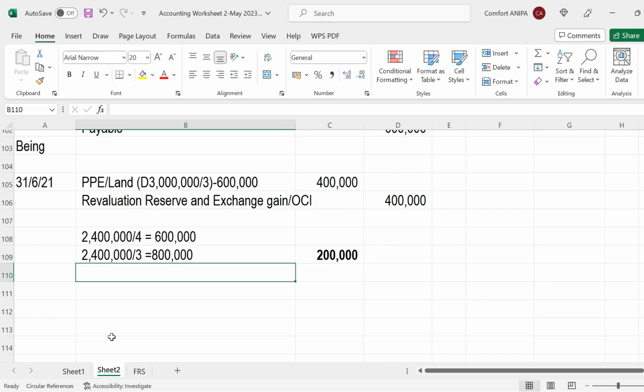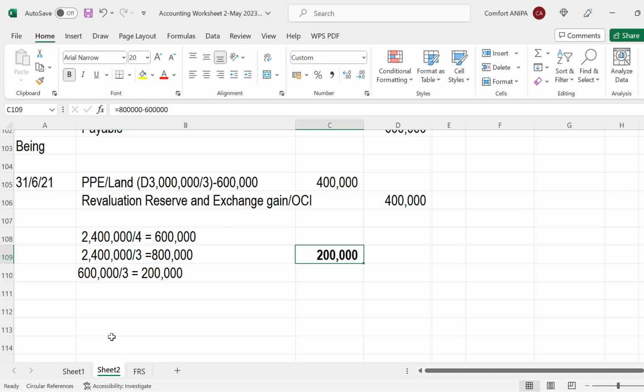And then remember the increase in the revaluation itself, which we will now recognize at 3 because that's the transaction day value, will give us 200,000. So it is this exchange difference of 200,000 and the revaluation gain of 200,000.